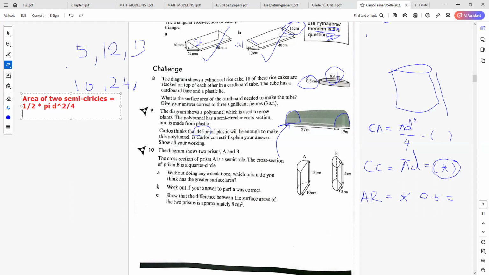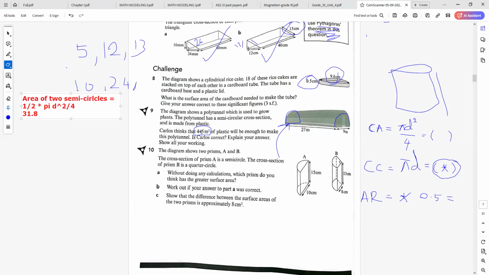So d is what here? 9 squared, divided by 4, is equal to 31.80. So 31.8.